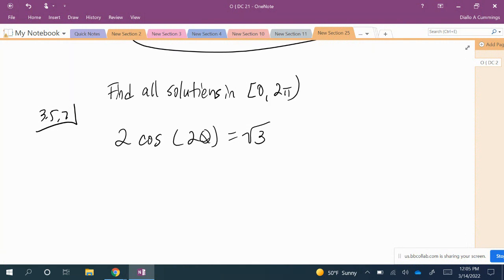All right, so keep in mind that this is a linear equation, right? Because the cosine is raised to no higher than the first power, so we're going to isolate for the cosine of 2 theta. So I'm simply going to divide both sides by 2.